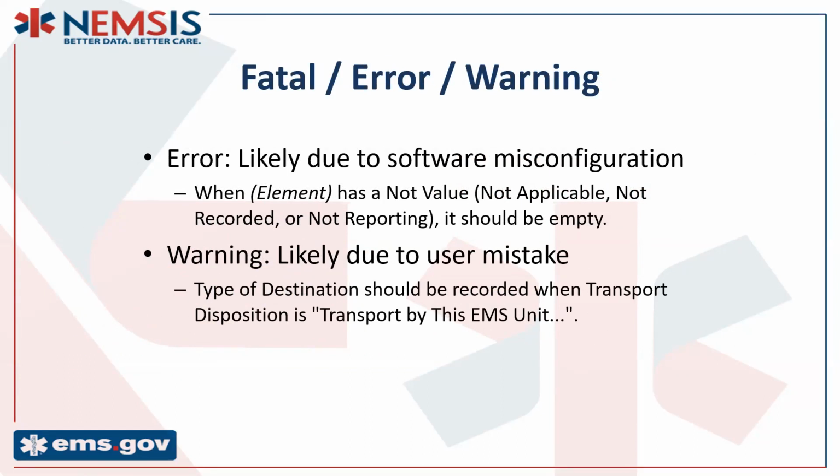But as I said, the consensus and the direction that the conversation took was that most states said, hey, even if that is left blank, we would rather be able to at least receive the data. And we want them to know, we want that warning there, but we would at least like to receive the data and not have to reject the report because of that element being left blank. So that was the change in the philosophical approach.